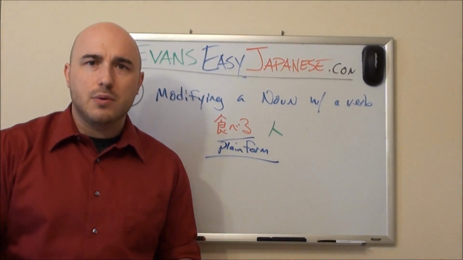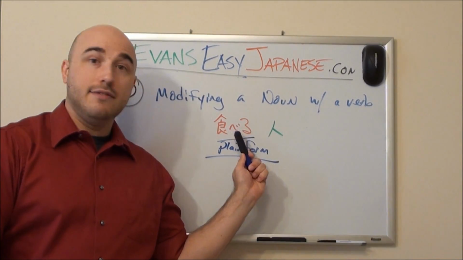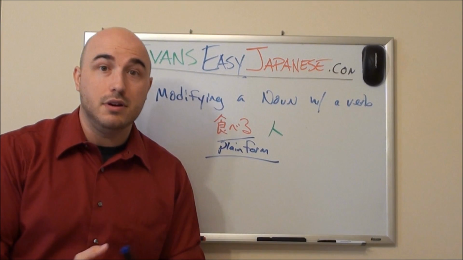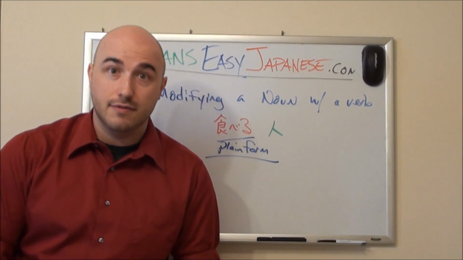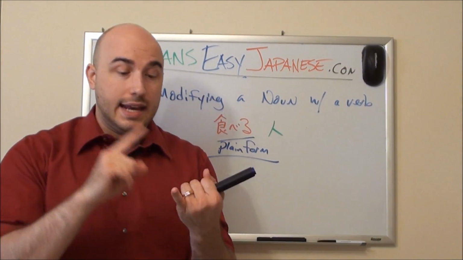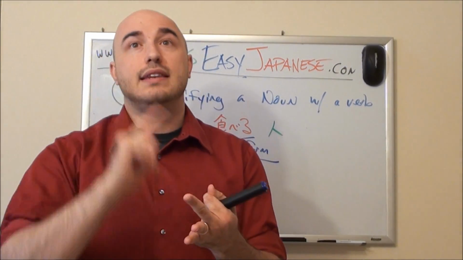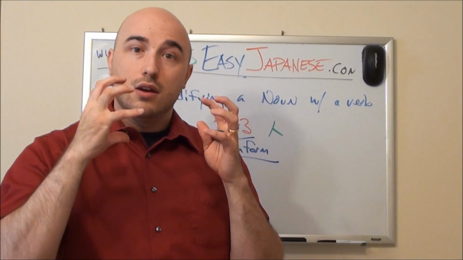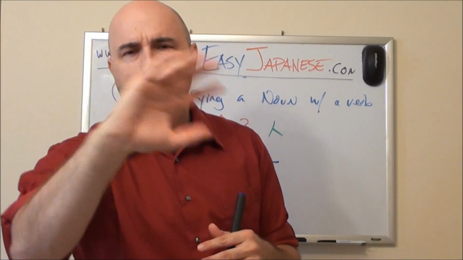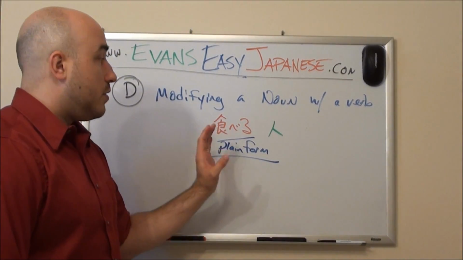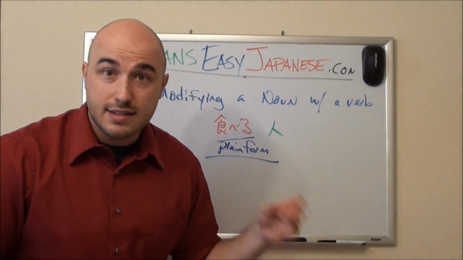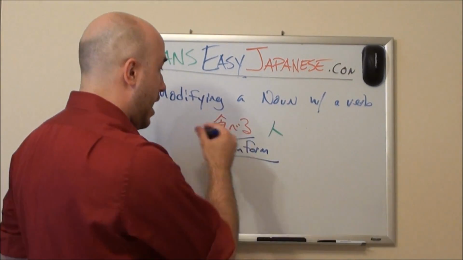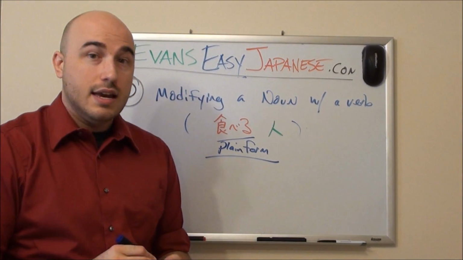Almost any time that we're going to modify a noun with a verb, it's in some form of the plain form. Plain negatives, plain pasts, plain negative past, or just straight up plain kaeru forms, which is the same thing as a plain form. Okay, so this small chunk is actually just a noun clause.